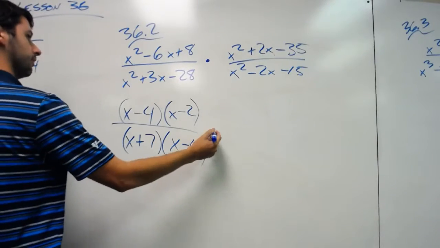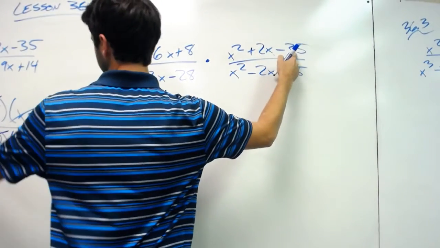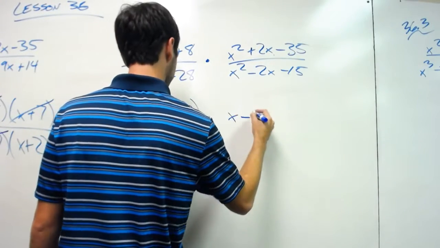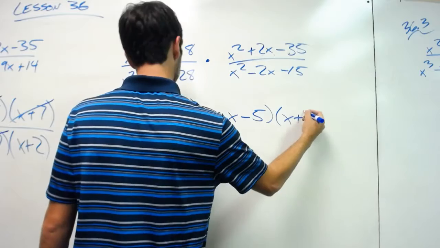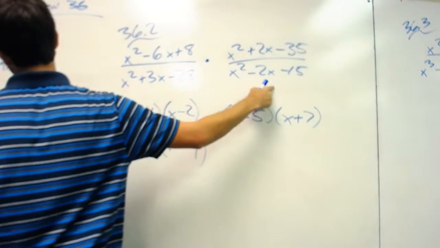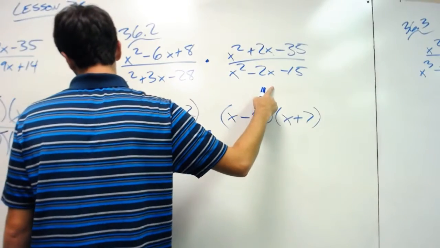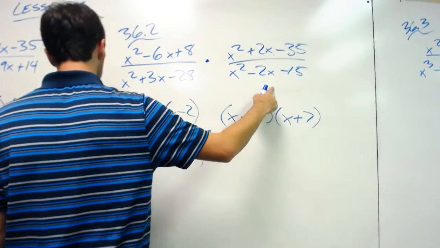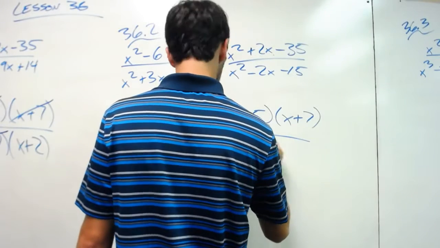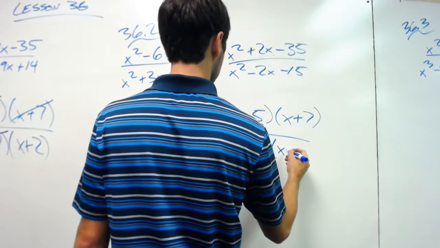Over here, we did that one before, so I'm just going to write it down. x minus 5, x plus 7 is what we did before. What multiplies to be negative 15 and adds up to be negative 2? Negative 5 and positive 3.